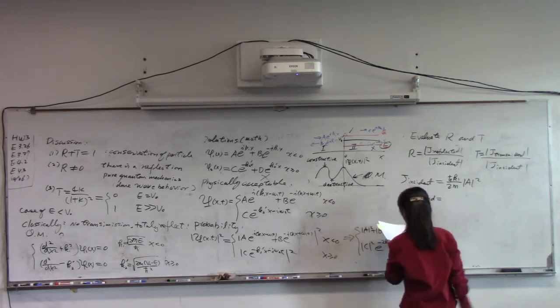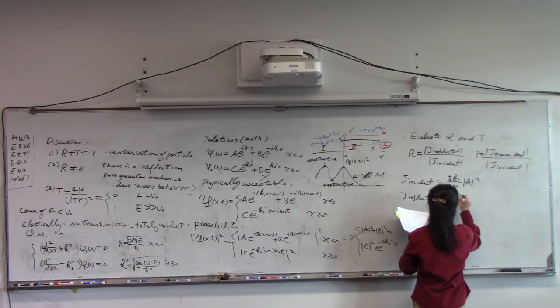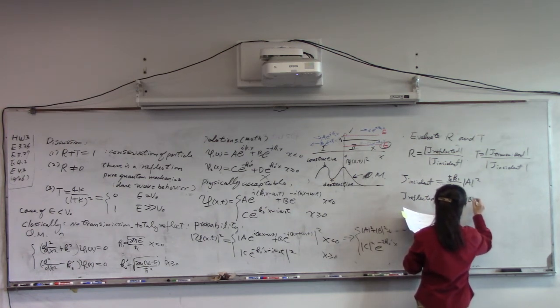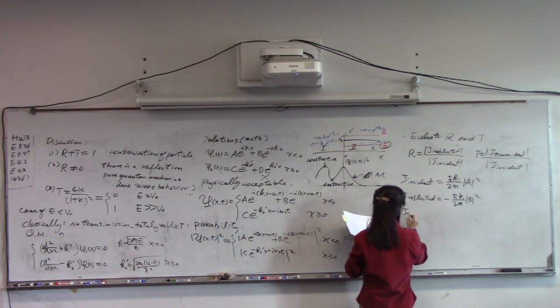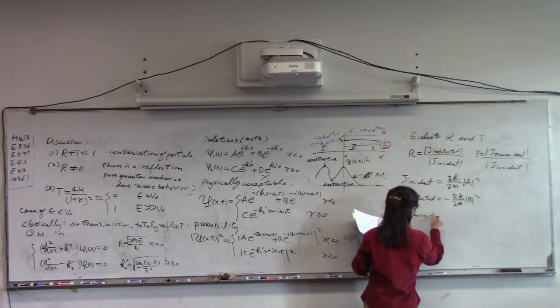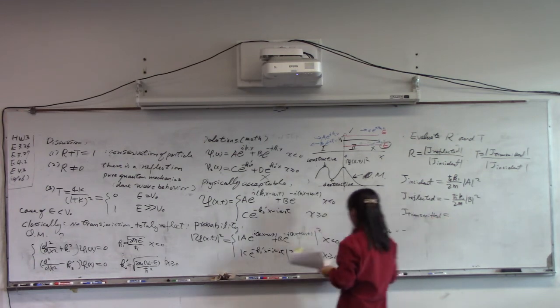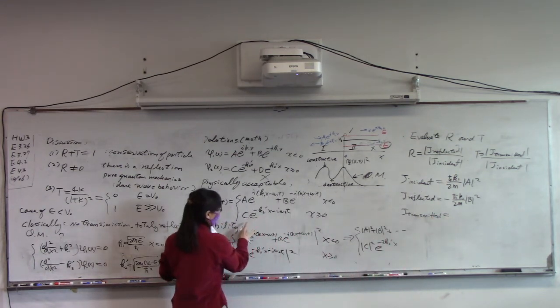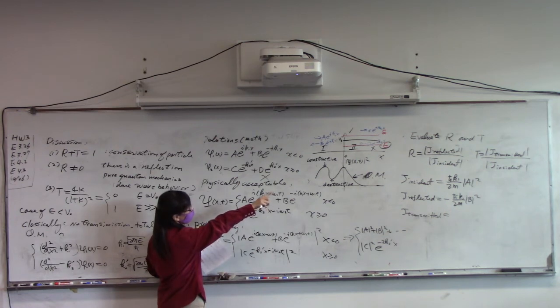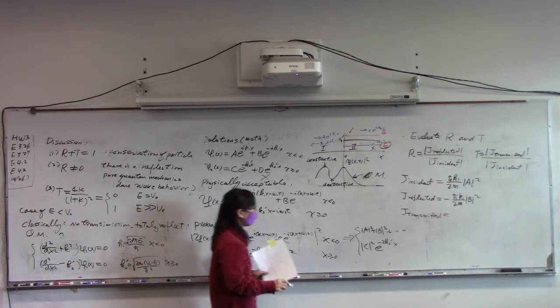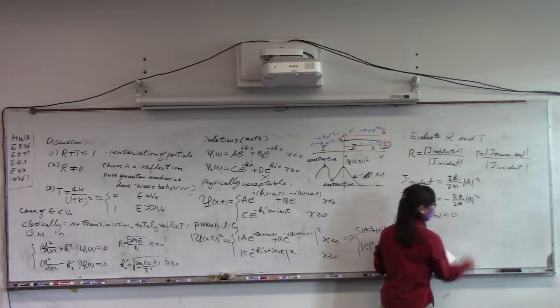Reflected is also the same as before, since that is all in region 1. We didn't change region 1. But the transmitted, since it's a real part, when you substitute into this current density, you will find they cancel each other.